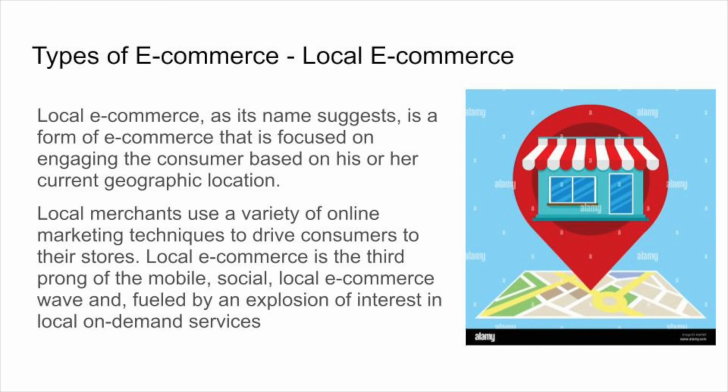So local e-commerce is a form of e-commerce that focuses on engaging the consumer based on his or her current geographic location. Your cell phone has a GPS in it that basically knows exactly where you are at any given point in time. And local merchants can use a variety of online marketing techniques to drive customers to their stores based on where those phones are located.